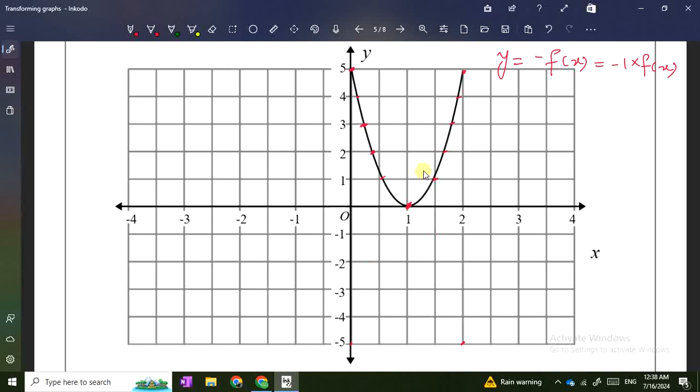Sorry, the curve is not properly drawn, but it will reflect down like that over the x-axis.